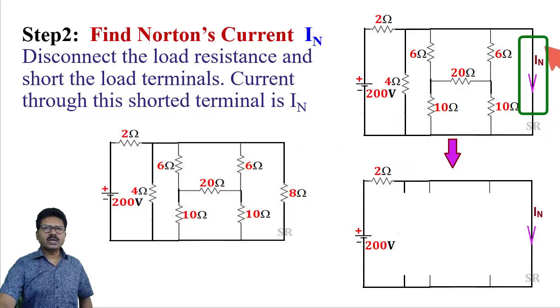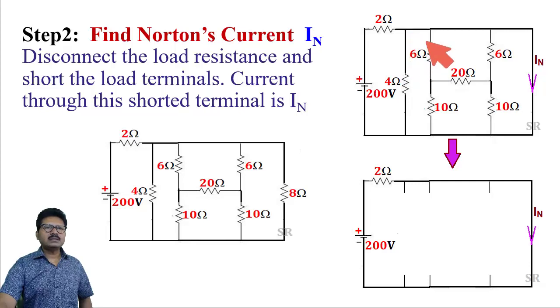Now the current flowing through this shorted path is equal to Norton current. Now from here, we see only one source is here, that is 200 volt. From this 200 volt, current is flowing through this 2 ohm. After this 2 ohm, this point, this point, this point, this point, all at same point, means current will have 4 parallel paths.